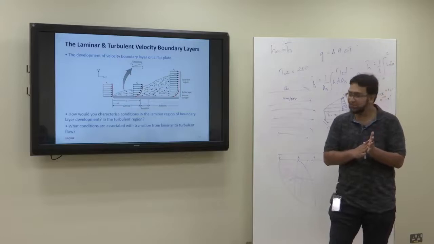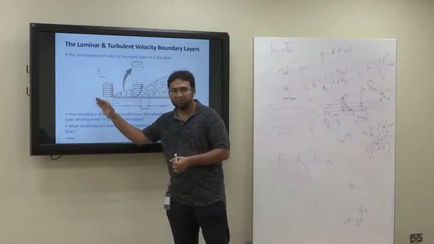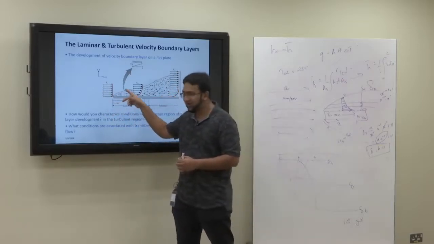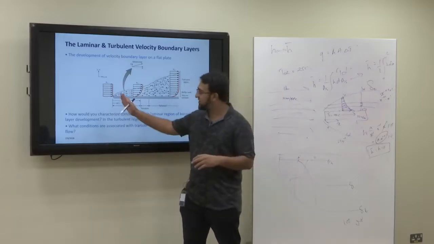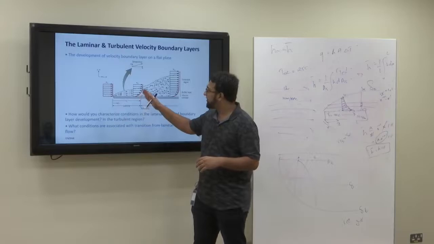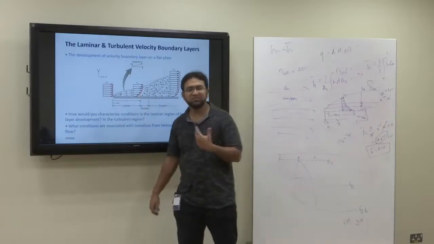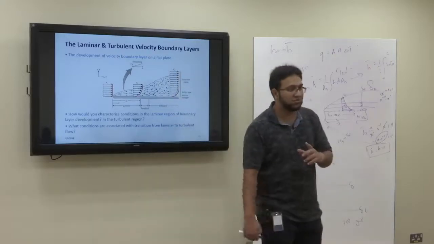Now what happens is that if you have a mean stream and you put a plate in between, initially over the plate the flow would be laminar. After some distance has passed, the flow will become slightly disturbed. We call this the transition state. Transition state is not laminar, not turbulent.